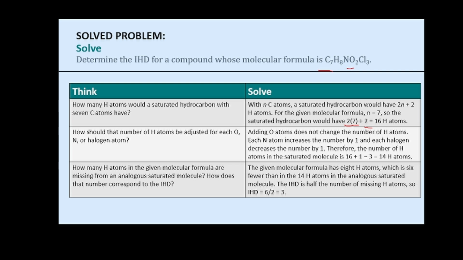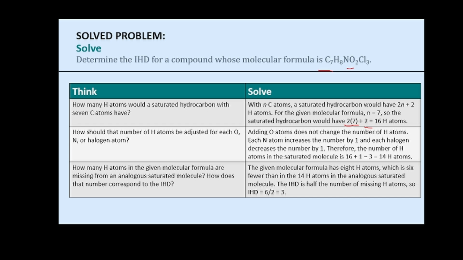What do we do for nitrogens? Add 1, so it's plus 1 now, right? What do we do for oxygens? A grand old nothing. Okay. And what do we do for the chlorines? Subtract 1, exactly. And so we end up plus 1 nitrogen minus 3 chlorines, right? So 16 plus 1 minus 3, that's 14, isn't it?